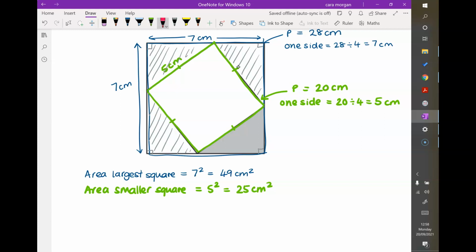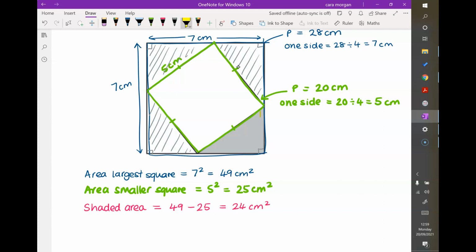Now I can see I've got 4 congruent triangles, and I've shaded all of the areas in there. So I'm going to find the shaded areas, which is made up of 4 triangles. And I know that that's the difference between 49 and 25, which is 24 centimetres squared.